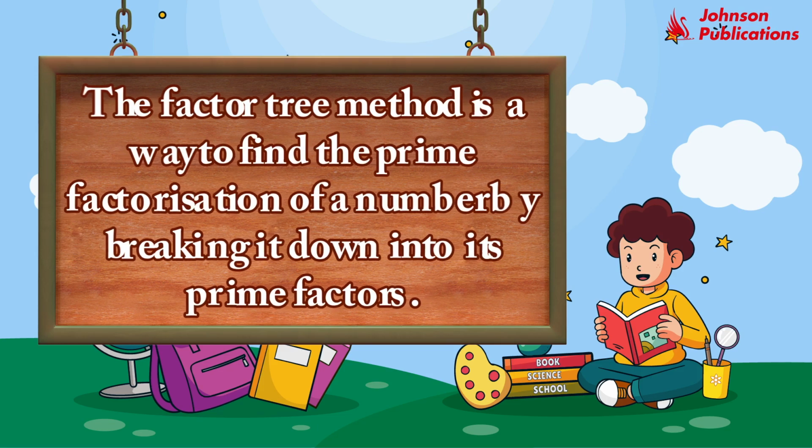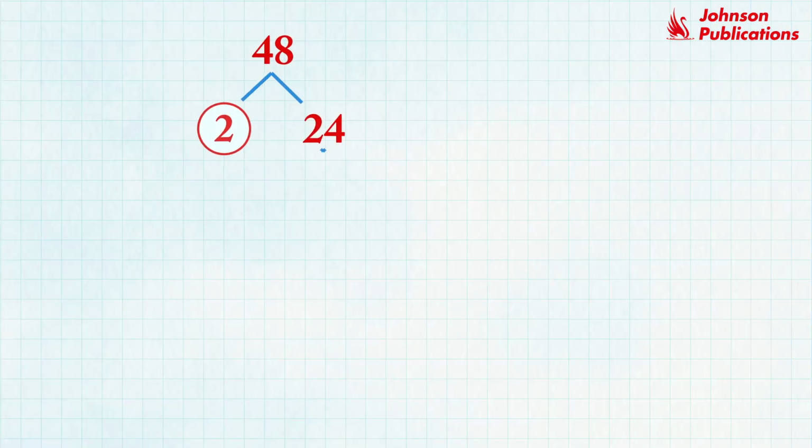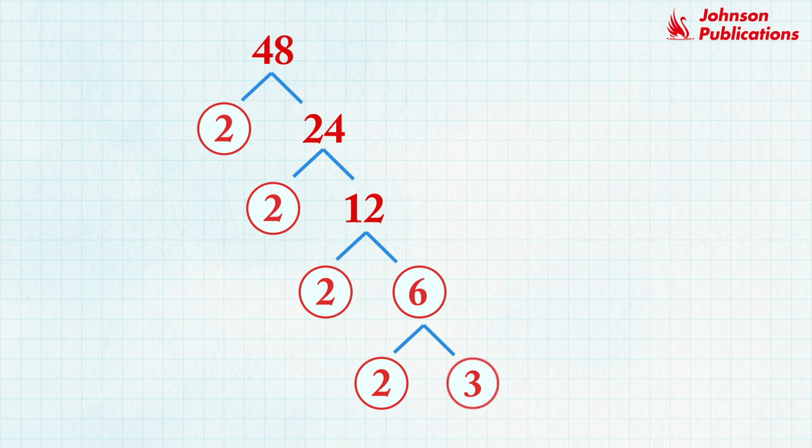The factor tree method is a way to find the prime factorization of a number by breaking it down into its prime factors. Let us factorize 48 using the factor tree method. Prime factorization of 48 is 2 into 2 into 2 into 2 into 3.